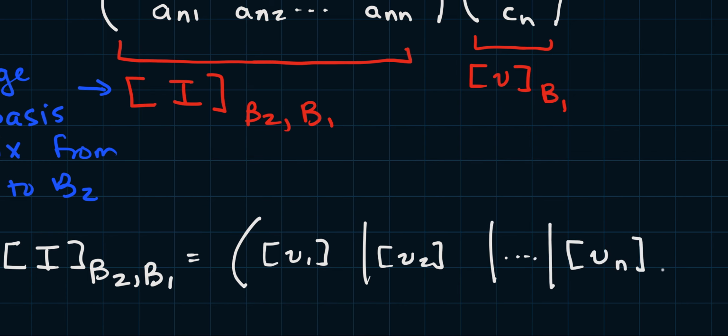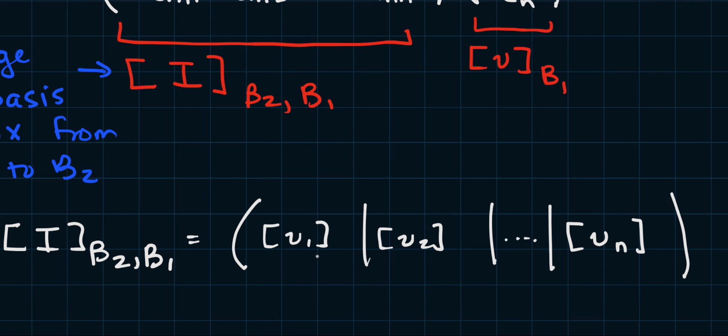So we're making a partition matrix where the columns are the coefficient matrices of taking the basis vectors in B1 and writing them in terms of this basis here. So like I said, it's kind of backwards from what you think.